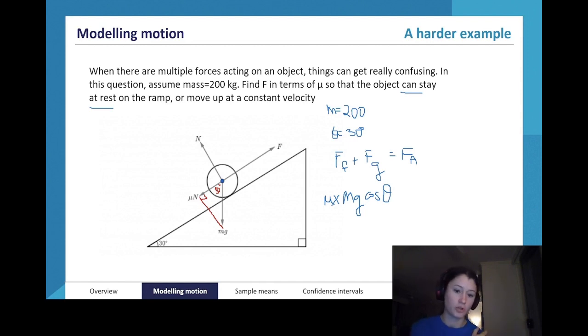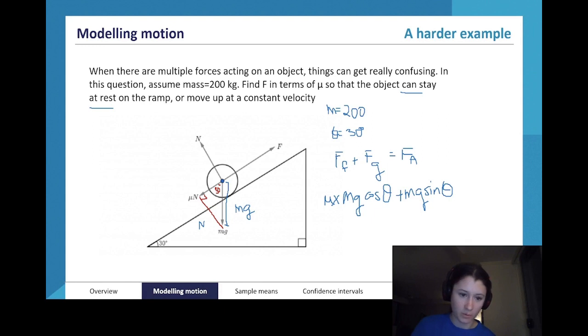And then our force due to gravity, the component acting down the plane, is going to be mg sine theta. Of course, because like this length here is mg, so our normal force is going to be this length here, right?